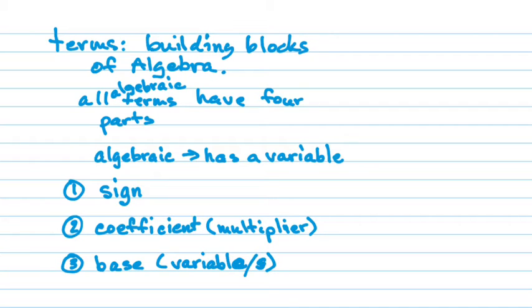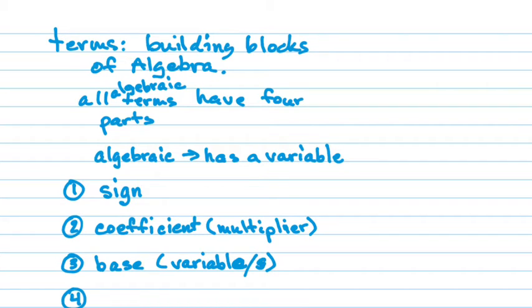Okay? Everything is based on the fact that it's an algebraic term, which is based on the fact that it has a variable in it. Does that make sense? So the base drives everything. If you think about the base, that's the piece that secures everything, right? The rest of the stuff just goes along with it. So think about how important the base must be.